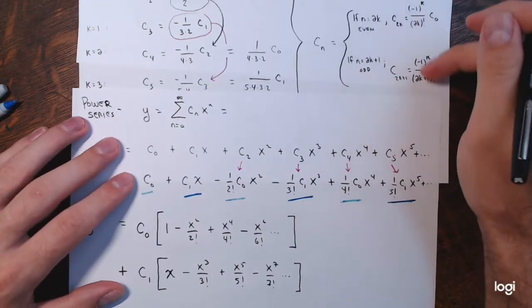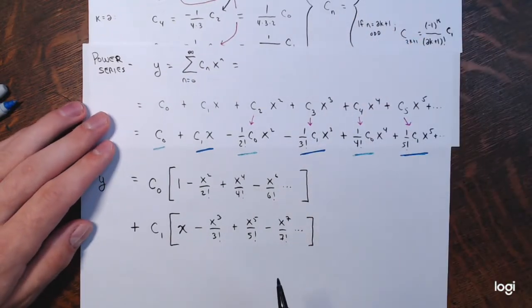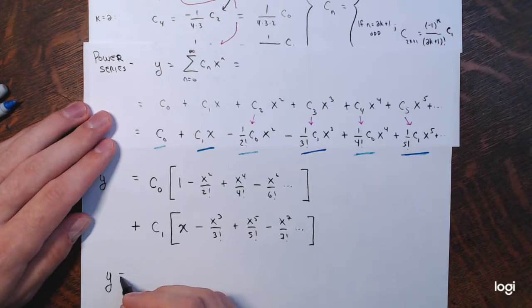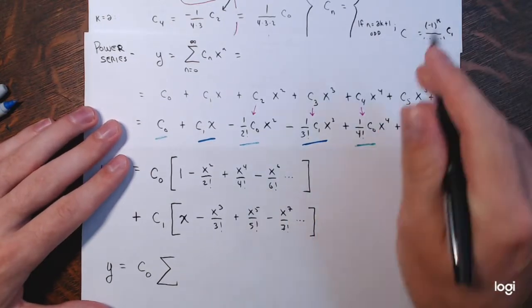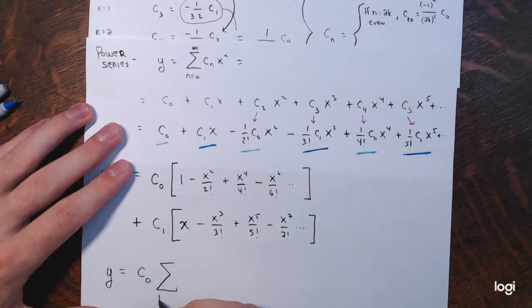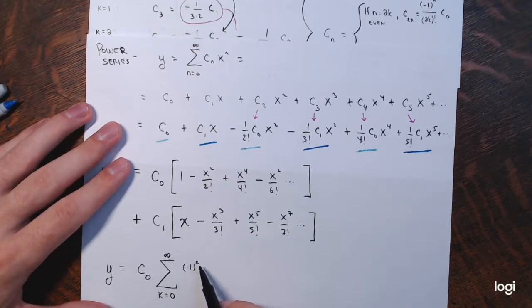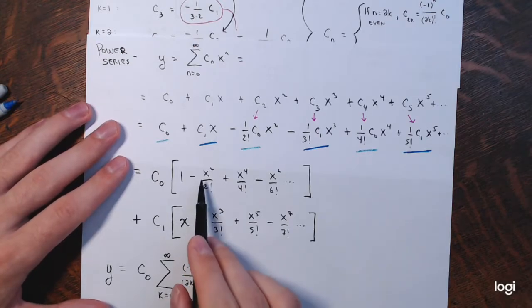And then using my expressions from earlier, we can express this as follows: y equals some constant c sub 0, and then this first sum I could express as the sum from k equals 0 to infinity of negative 1 to the k over 2k factorial times x to the 2k, because these are all even powers.